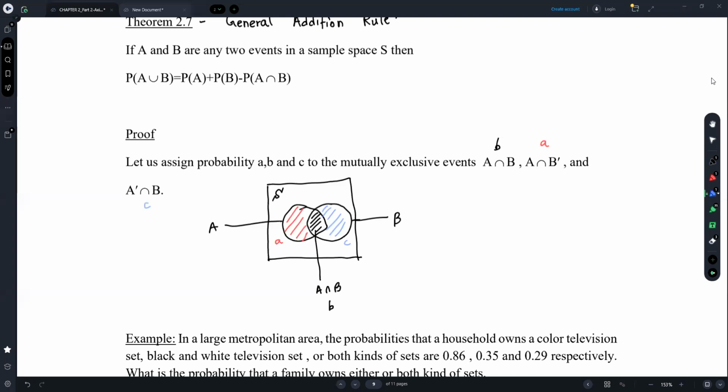So you can see those three. Okay? So let's try to prove this one. Our A union B is A union B union C. These are mutually exclusive.